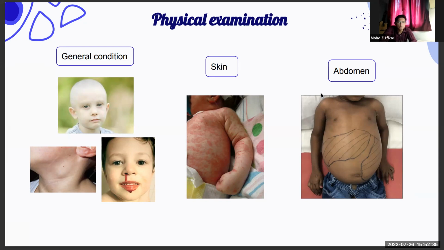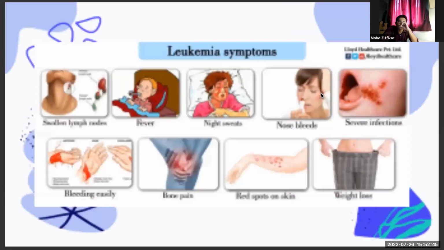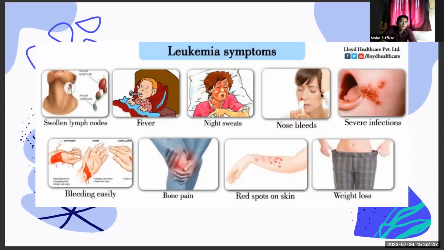On the abdomen, we can see the abdomen is distended, probably due to hepatosplenomegaly. So next slide. Basically, these are the general symptoms and signs that we can see in the leukemic patient. So next slide.